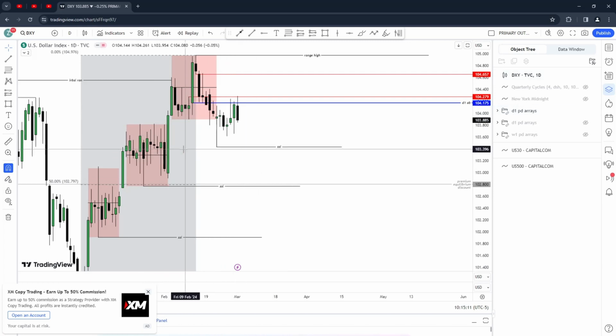I'm not into chart patterns, but if you look at how we run this high over here and then break down below it, as well as the retracement, this is what we would consider a, what is it called, a market structure shift.